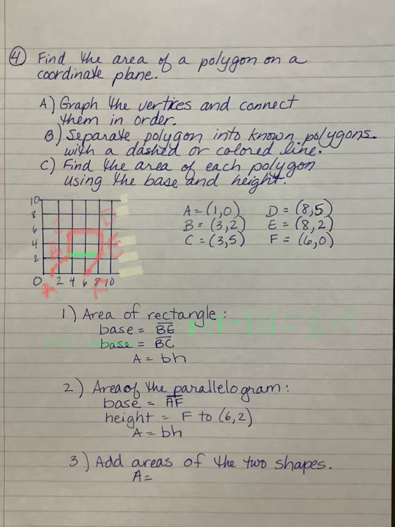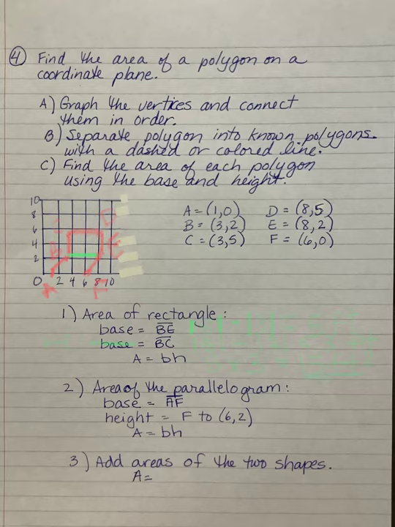So B to C is the absolute value of 5 minus the absolute value of 2, and that becomes 5 minus 2, which is 3 feet. So to find the area, I multiply the base times the height, and I get 5 times 3, which is 15 feet squared. So that's my area for the rectangle.